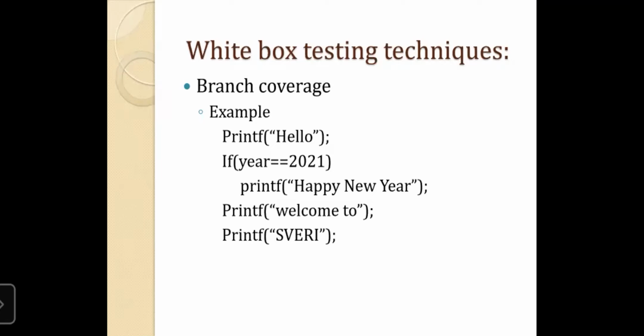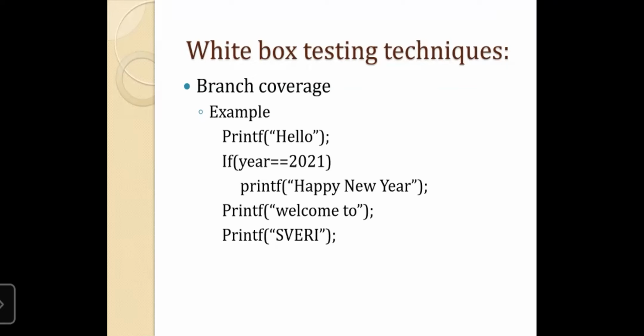As we know, year is 2021. That means after hello, happy new year will be printed, and then welcome to Sweri. So whether this particular branch, this particular if loop, is getting executed or not, that we are going to check under this technique, that is branch coverage.